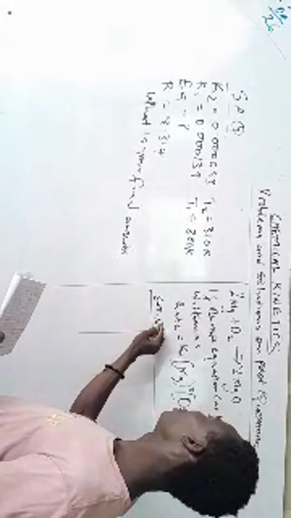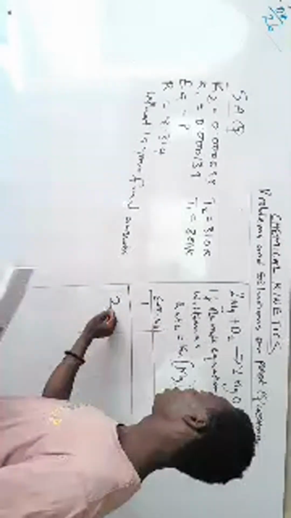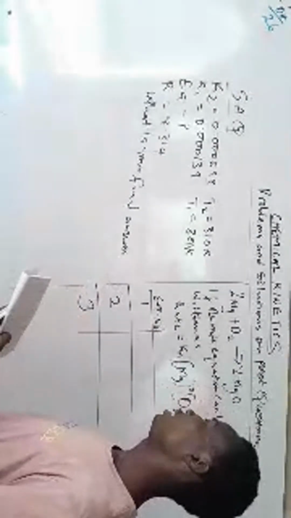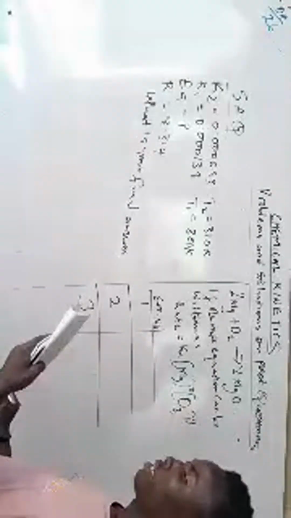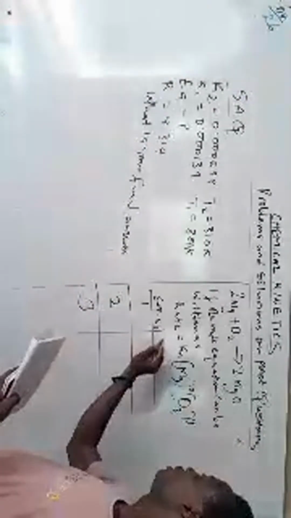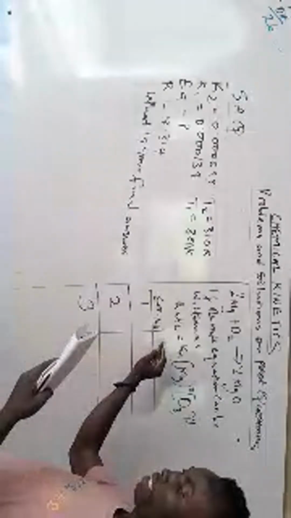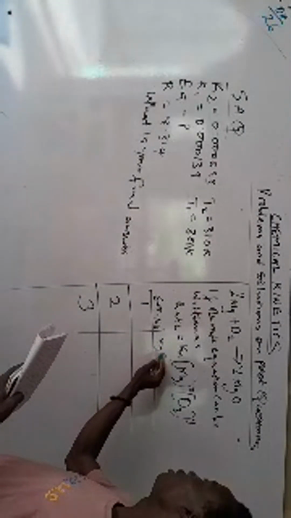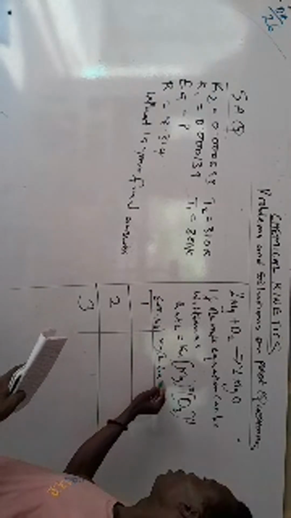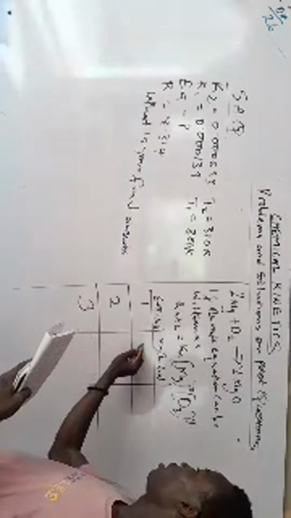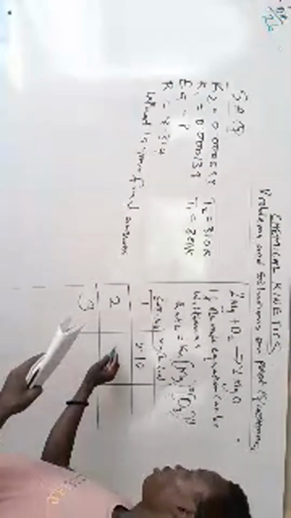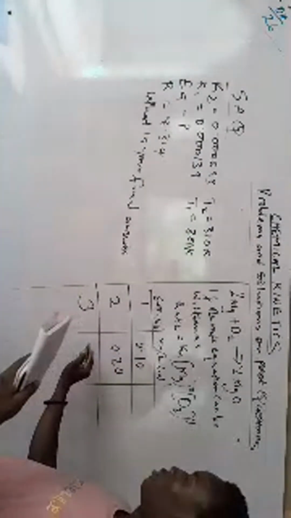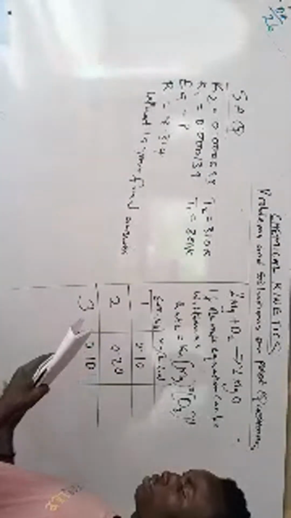We have experiments number 1, number 2, and number 3. You are given the initial concentration in mole per liter of Mg to be 0.10, 0.20, 0.10.